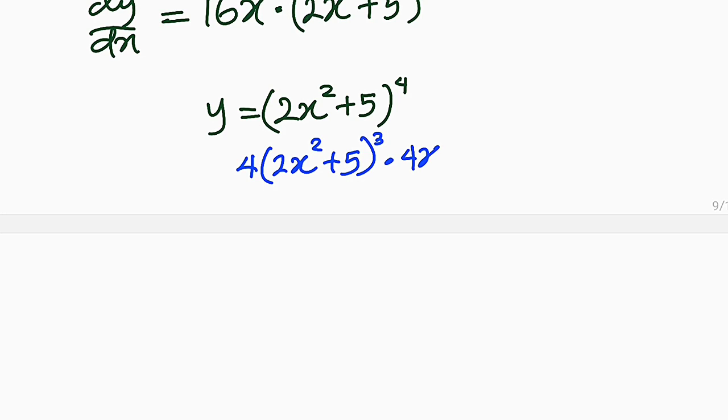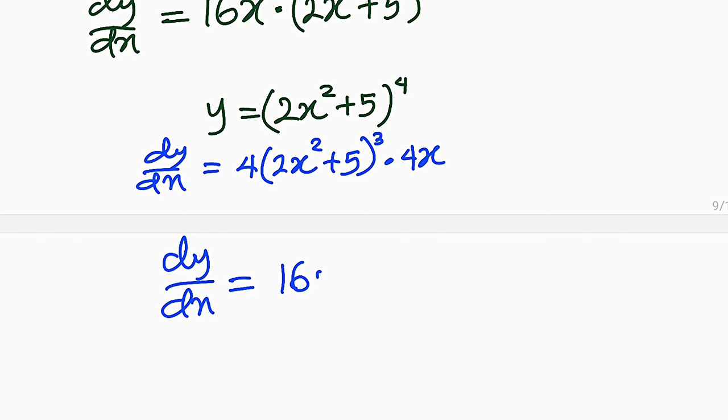You have 4x, since x to the power of 2 minus 1 is 1. And the derivative of this one is 0. So you stop here. All you have to do is to take this 4 and multiply by 4x. This is dy over dx, remember? So therefore dy over dx is equal to 16x times 2x squared plus 5 to the power of 3. And this is just the solution.